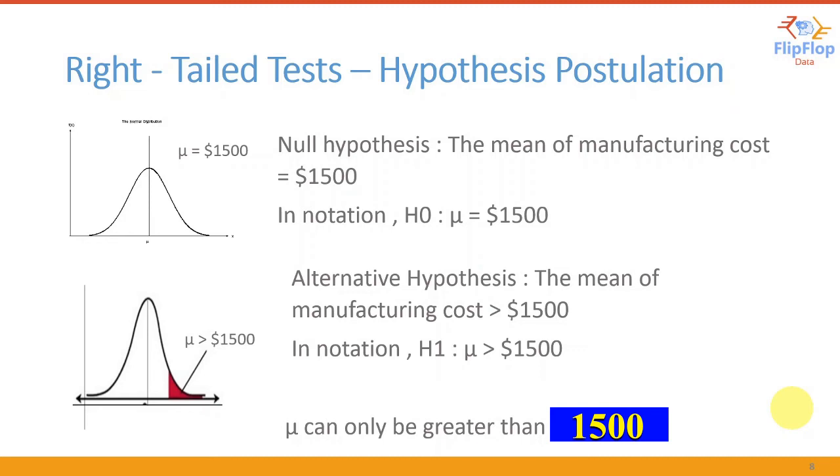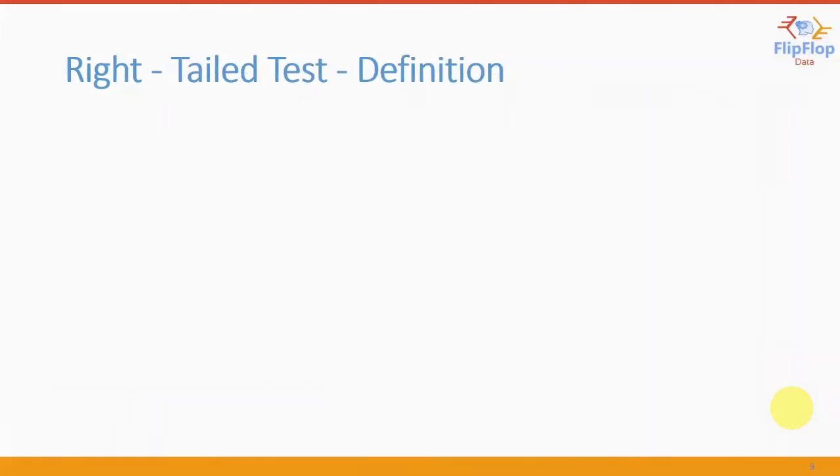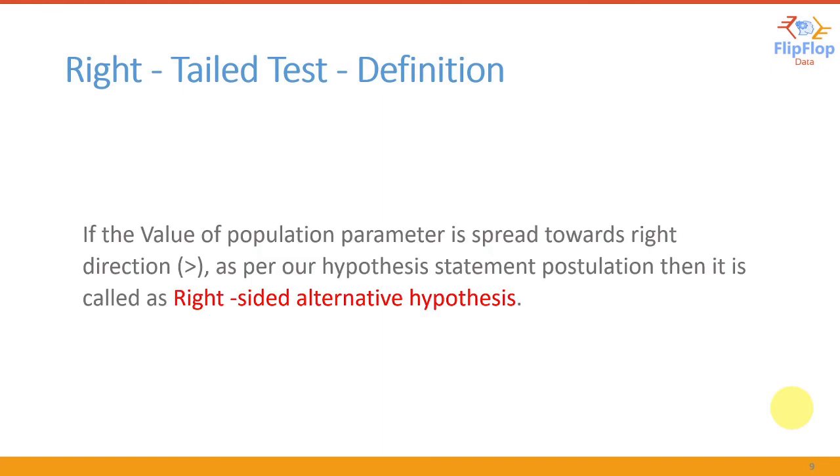So how do we define formally right-tailed alternative hypothesis? If the value of the population parameter is spread towards the right direction, as per our hypothesis statement postulation, then it is called as right-tailed alternative hypothesis or right-sided alternative hypothesis.